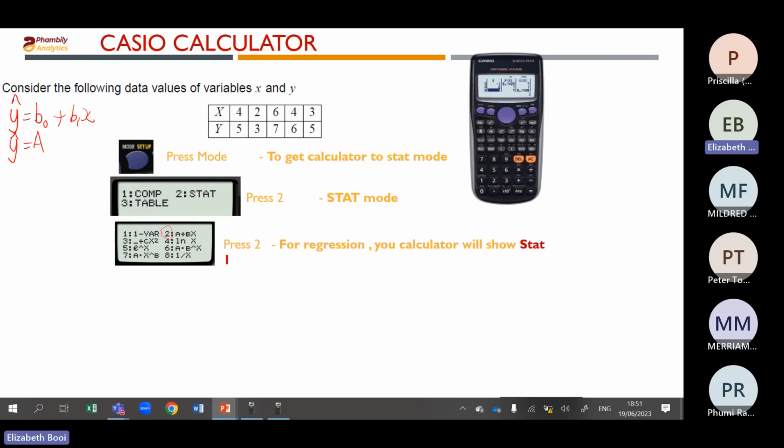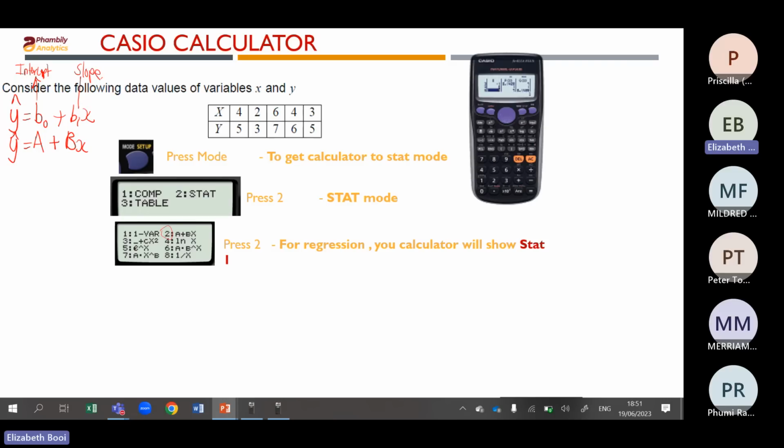If they ask you to calculate the slope, what is it that you need to press? B, which is the slope. A is the intercept, and B is the slope. Don't forget that. So we're going to press 2.